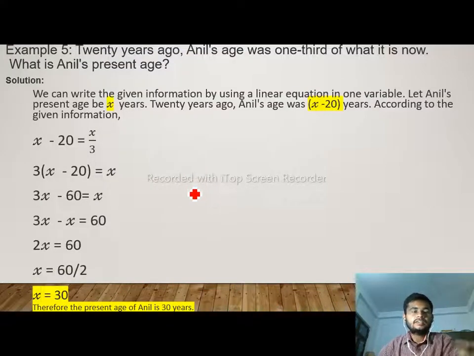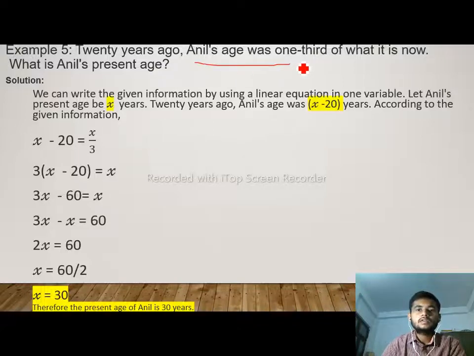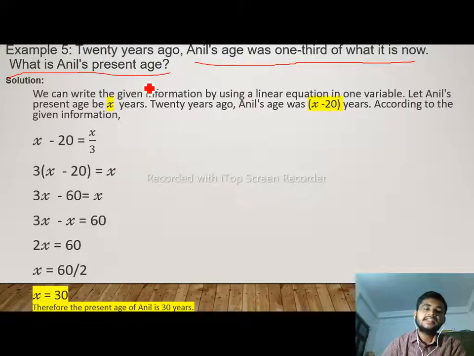Okay, now see a question based on application of linear equation in one variable. 20 years ago, Anil's age was 1/3 of what it is now. What is Anil's present age? Let's understand one more time. 20 years ago means 20 years before. This year is 2022.